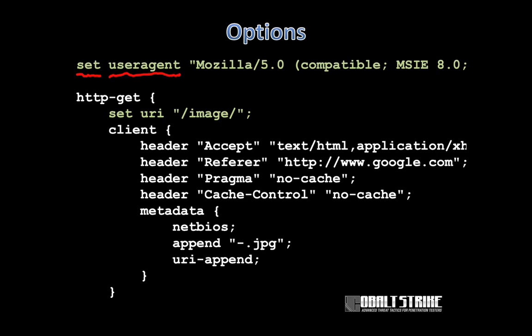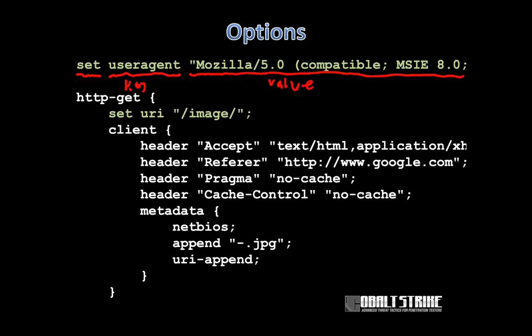In this case, the key is user agent and a value. Here, we're setting the user agent value, which is a global value, and the user agent global value affects the HTTP user agent and all of the HTTP requests that the Cobalt Strike beacon payload makes.